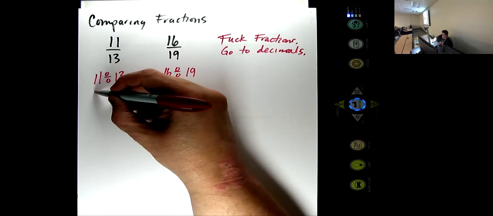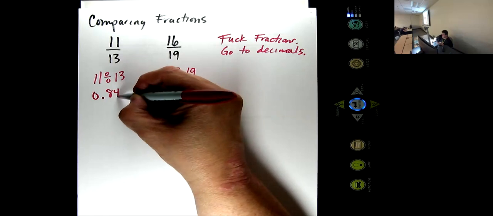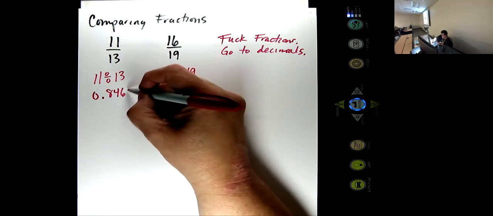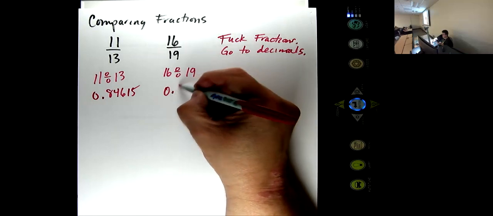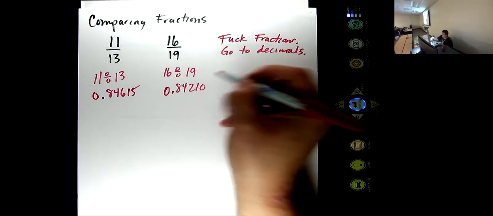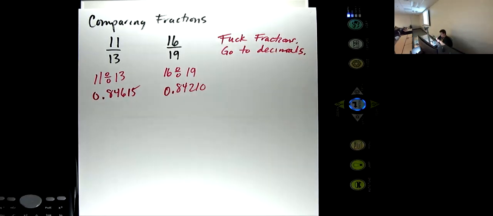So this one is 0.846 15. I don't know how many spaces I'm going to need. 16 divided by 19 is 0.84210. So I go through and compare them. You're all free to confirm this on your calculator as well.